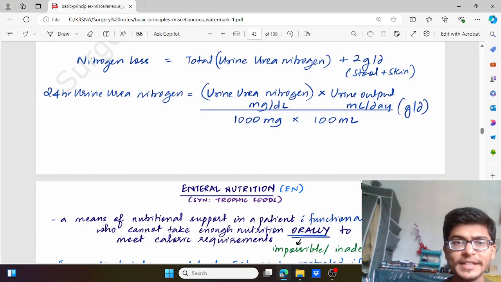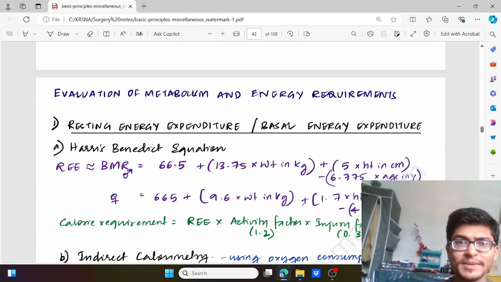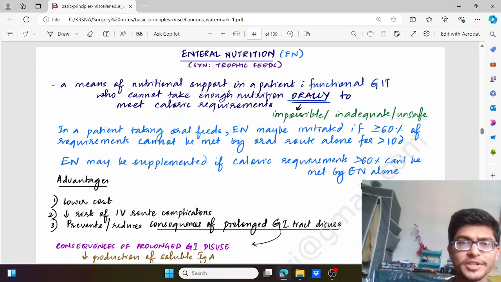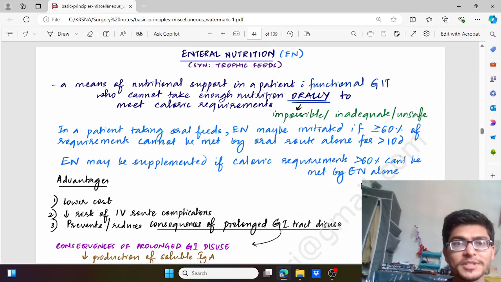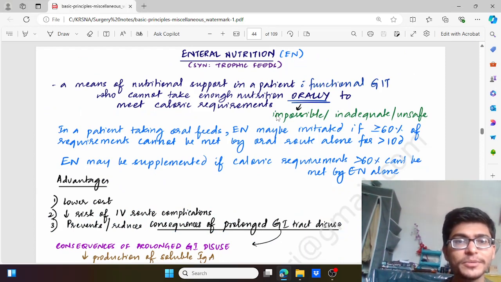So this was all about calculating the evaluation of metabolism and energy requirement. Now we'll be seeing enteral nutrition, synonymous with trophic feeds. Normally we eat food by mouth, but sometimes we are not able to take food, so we have to bypass the oral cavity and the esophagus to reach the functional GI tract from the stomach. It is a means of nutritional support in patients with a functional GIT who cannot take enough nutrition orally to meet the caloric requirement.